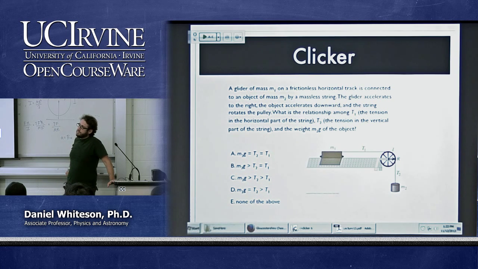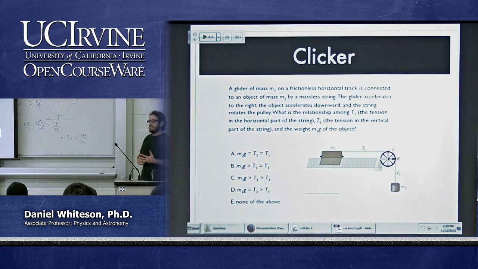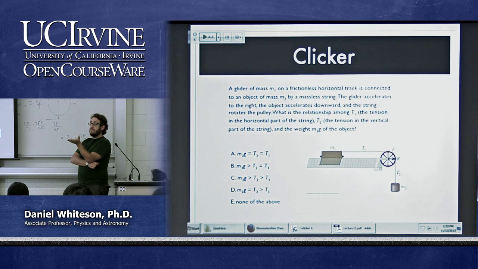I think T2 is going to be greater than T1 because some of the force from T2 is going to be used to rotate the pulley. What does that mean, the force is used? Does it disappear after 5 seconds or something? I see where you're going, but formulate it precisely. So think about it this way.